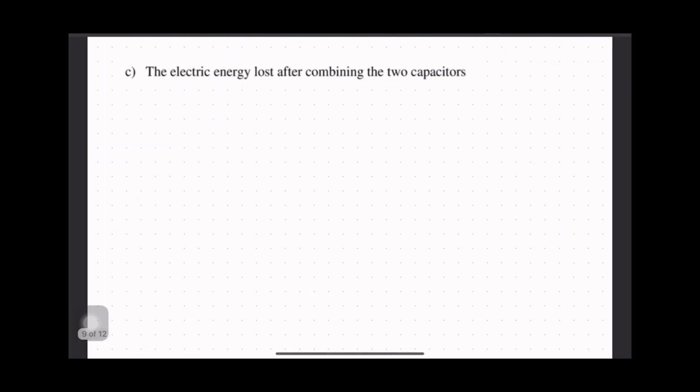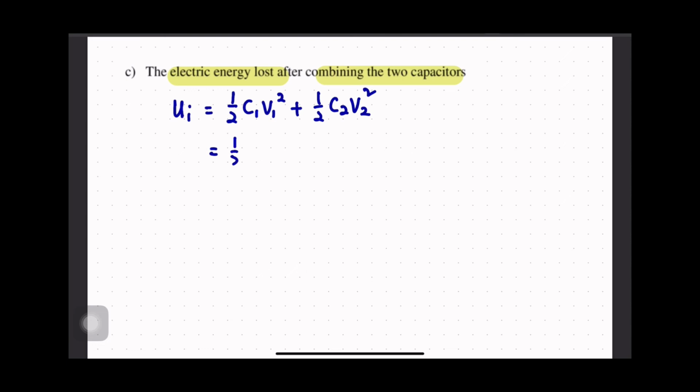Okay, so next the electric energy loss after combining the two capacitors. Maksudnya you kena kira energy before and energy final. Energy initial dulu lah. Maksudnya dia ada dua capacitor tadi, half C1V1 square plus half C2V2 square, and then substitute value lah.